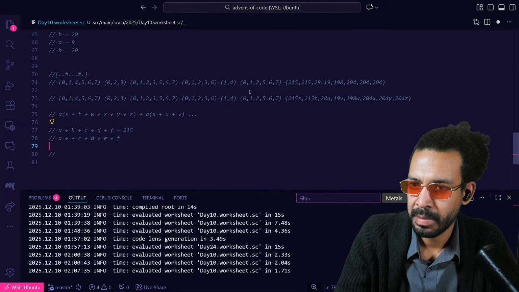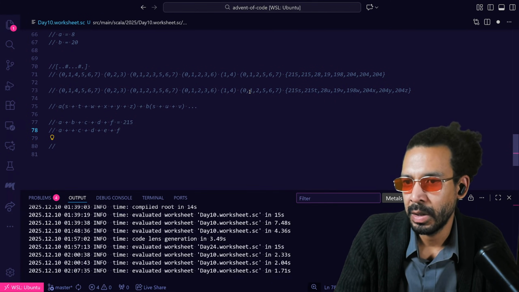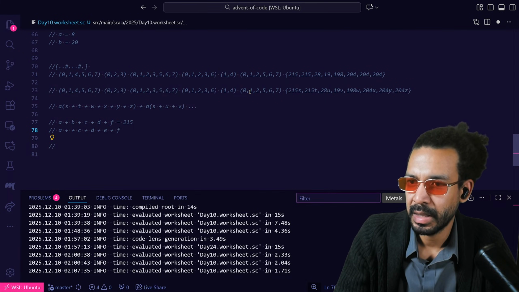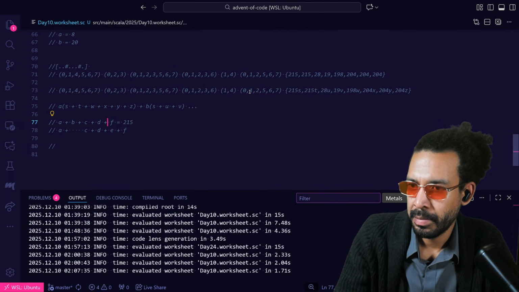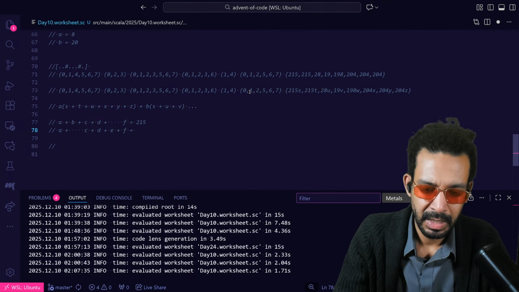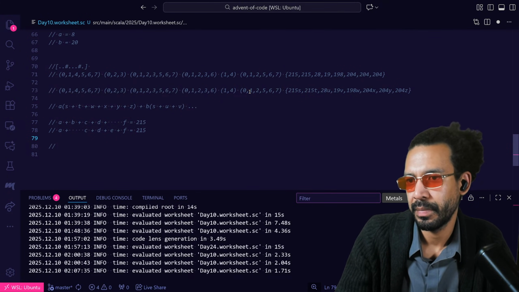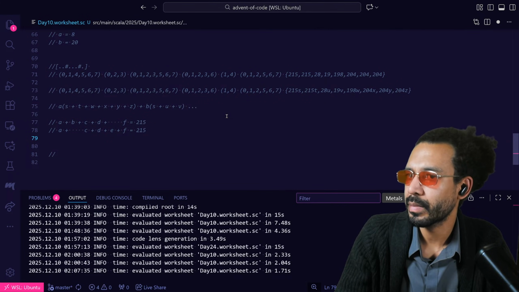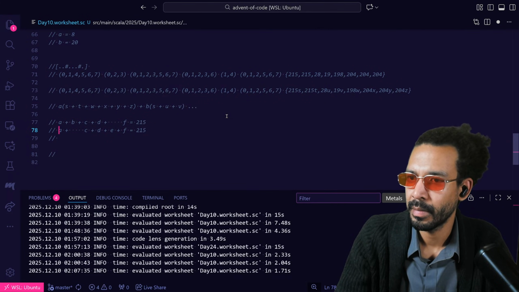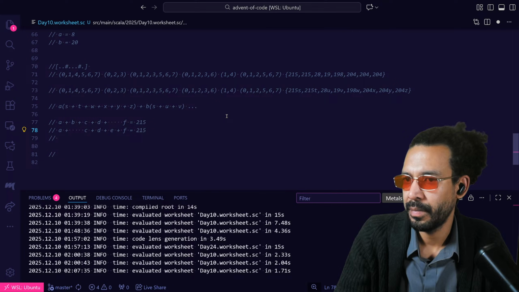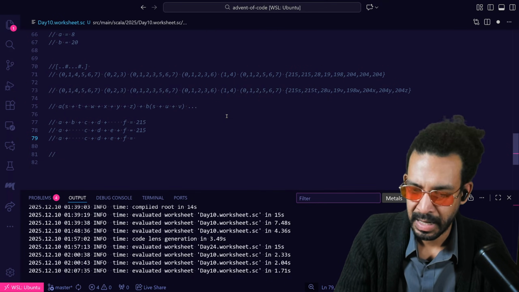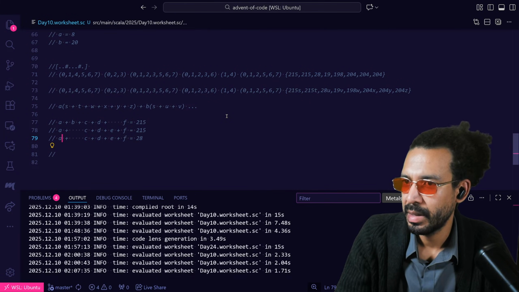And if we can solve this by hand, then we know we can do it programmatically. I'm just going to put in gaps here to make it more obvious. So this also adds up to 215. The next line is going to add up to 28.